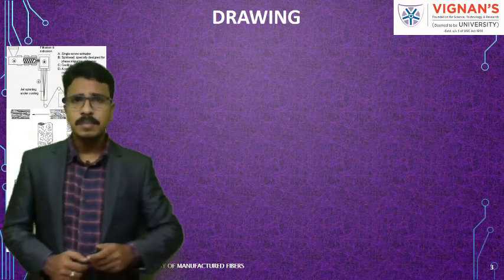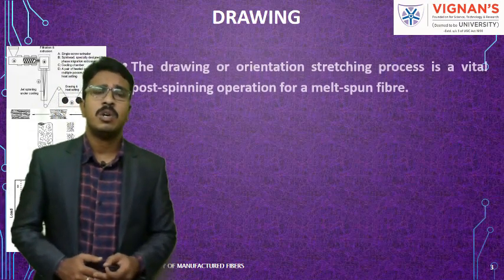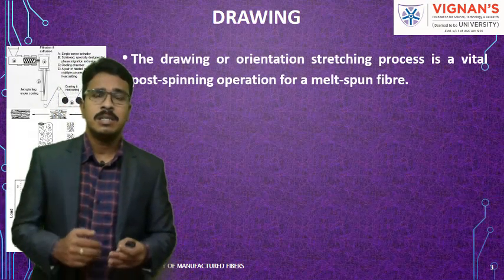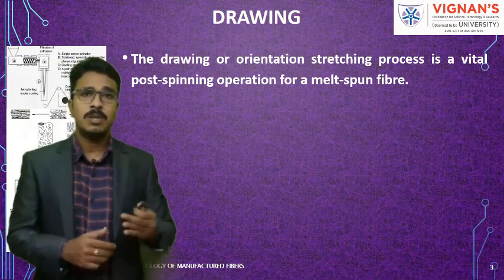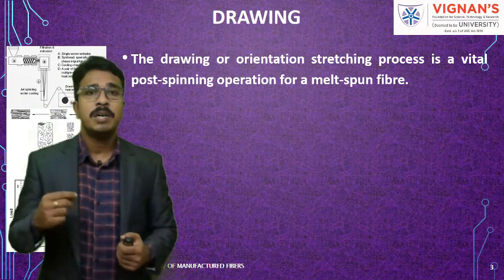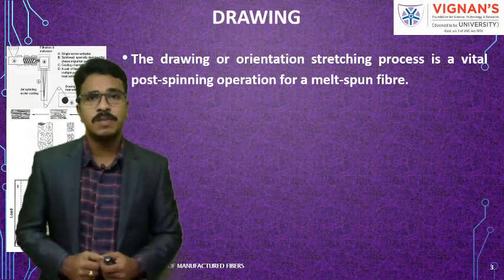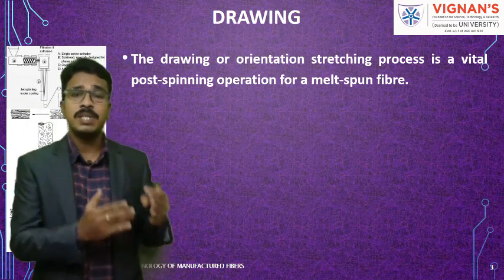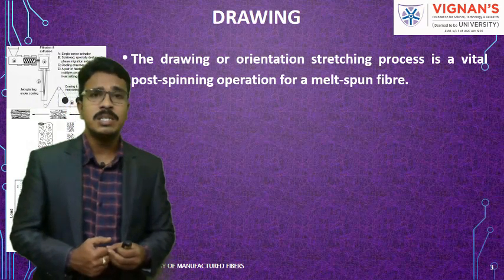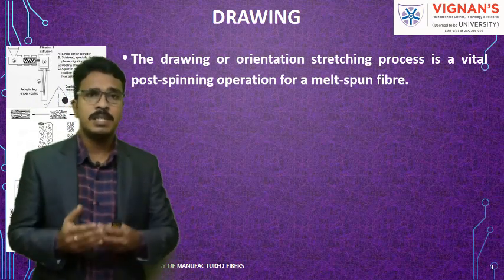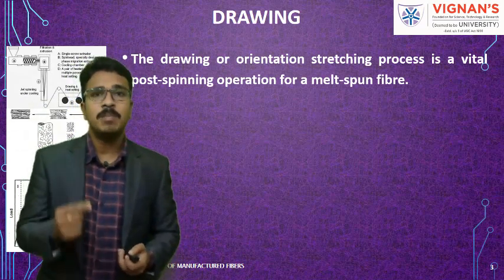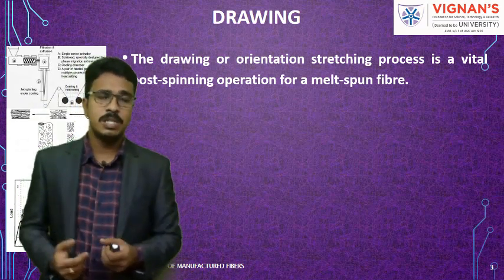Now, as we have already discussed in the previous classes, when we were discussing the important operations in the production of synthetic fibers, we saw what the post spinning operation is and the importance of drawing or stretching.